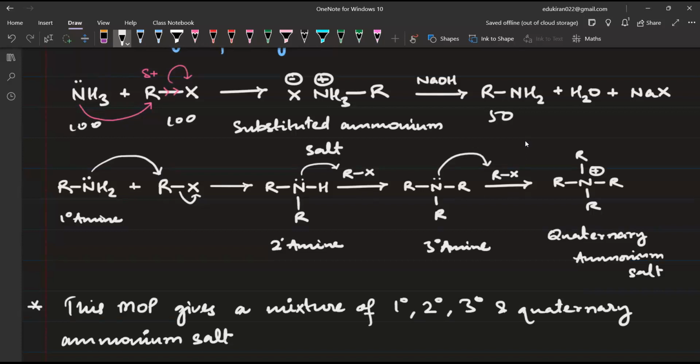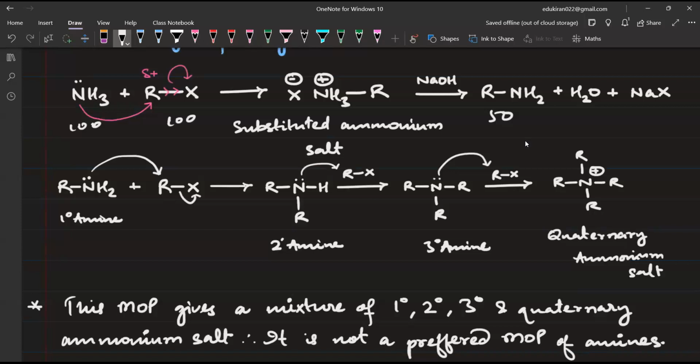Therefore, whenever we get a mixture of products, it is not a preferred method of preparation of amines.